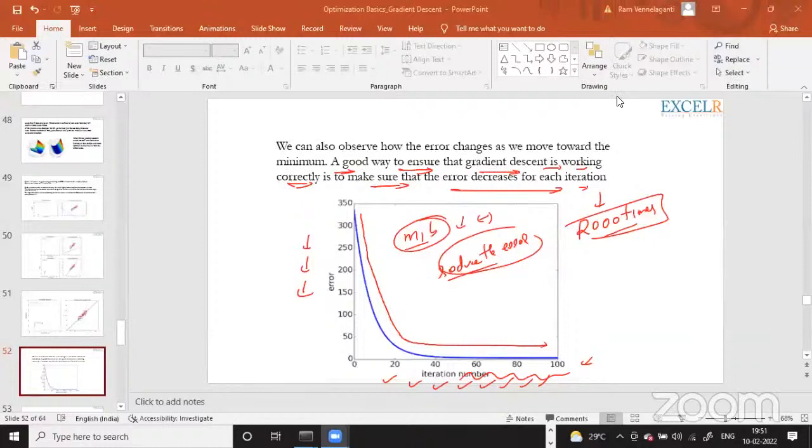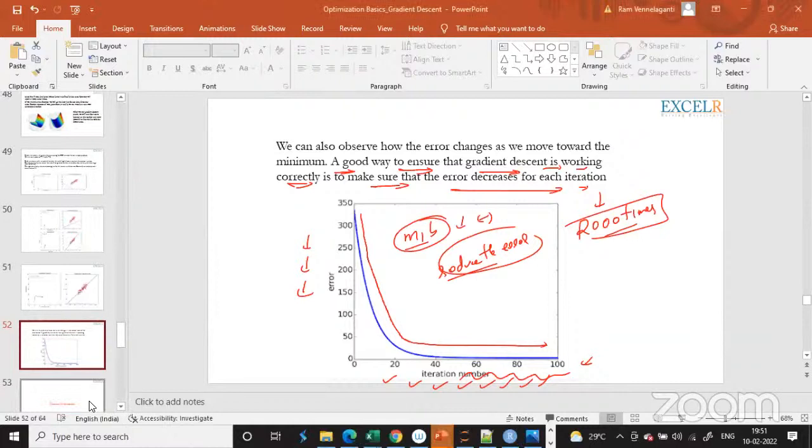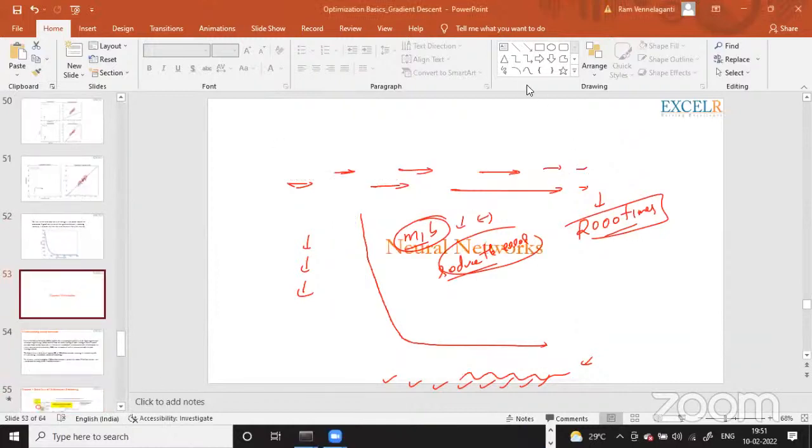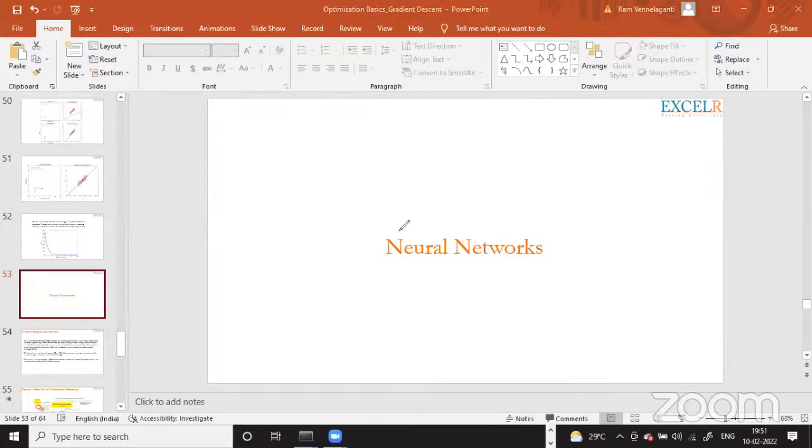That is how you can figure out that the gradient descent algorithm is working, because your error is decreasing after every iteration. You're slowly trying to get to your optimal values. That is the concept of your gradient descent algorithm.